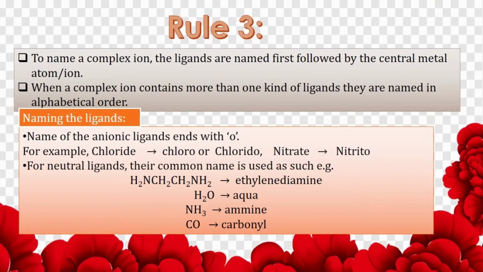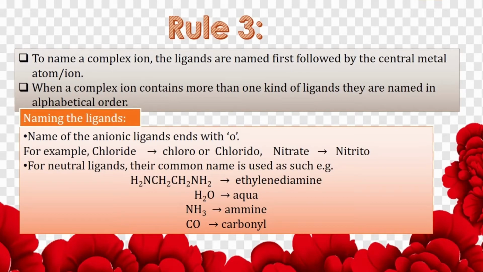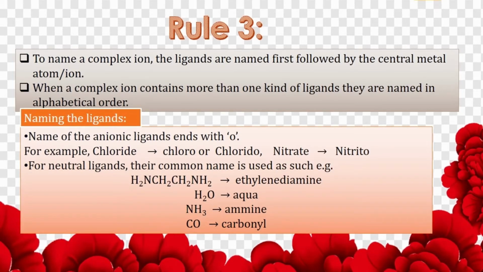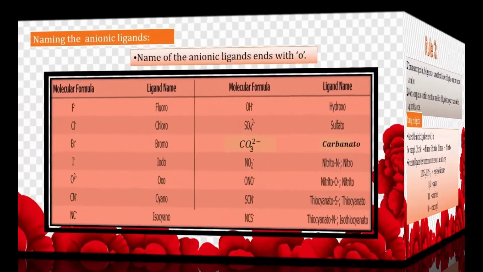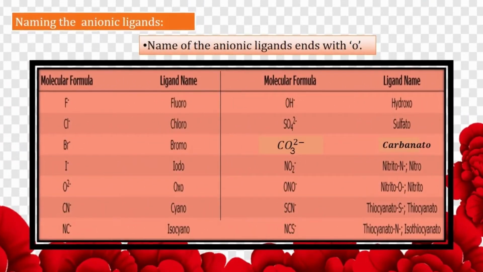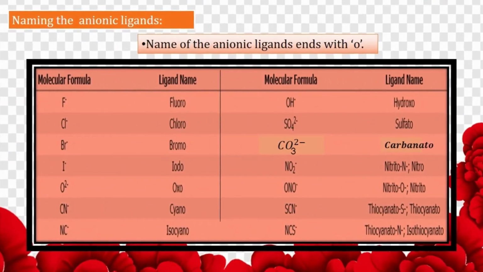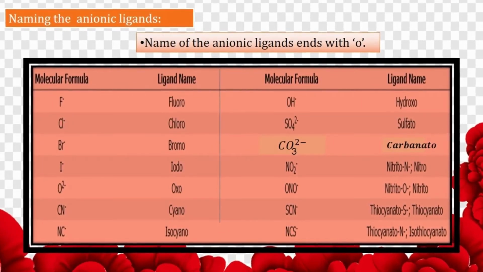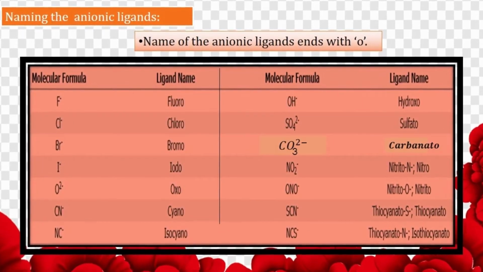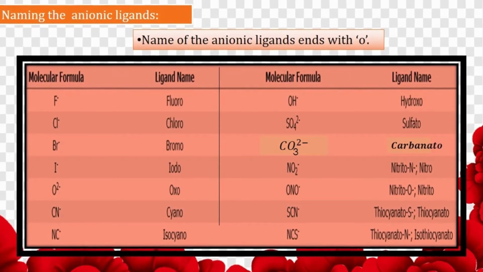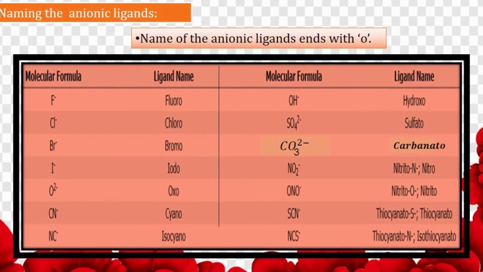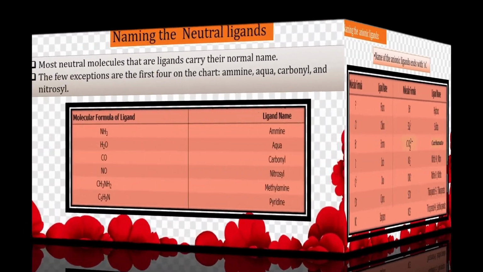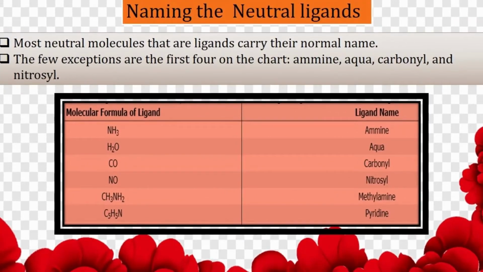If you have neutral ligands, then their common name itself is used. Here I have listed the names of some anionic ligands. Students, kindly learn these names thoroughly so it will help you name the coordination compounds correctly. This is the list of names of neutral ligands.